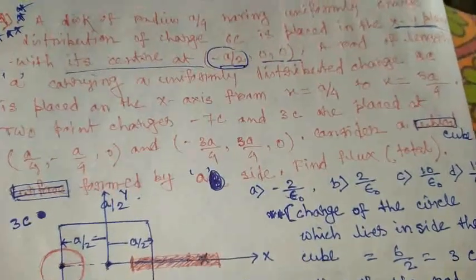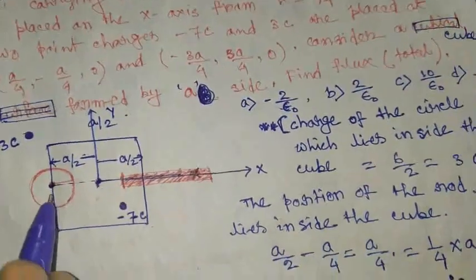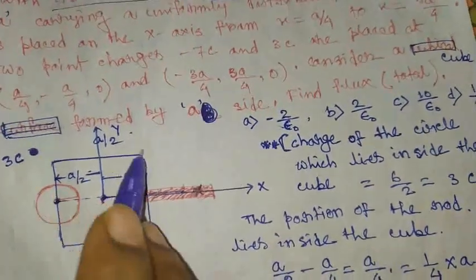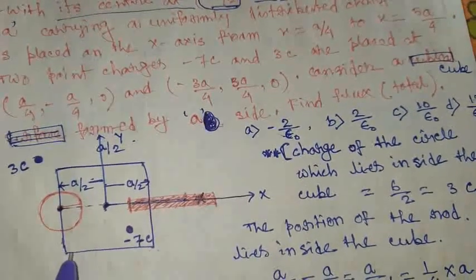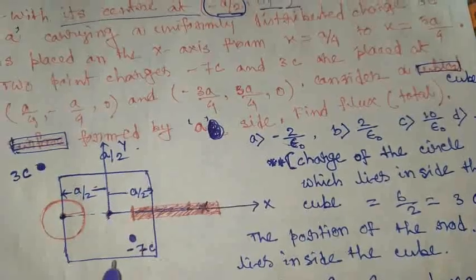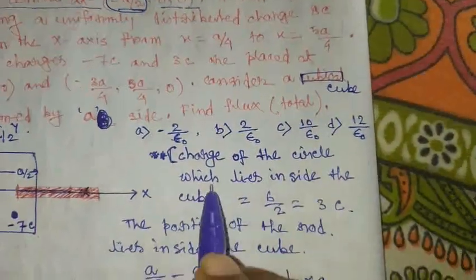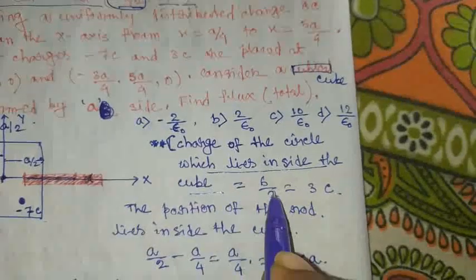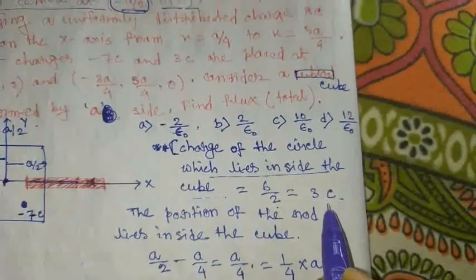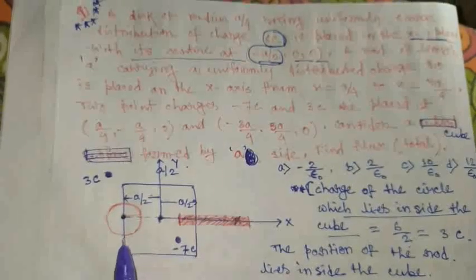With radius a by 4, half the portion of the disk lies outside the surface of the cube and half lies inside the cube, and the total charge on this disk is 6 coulomb. So the charge of the disk which lies inside the cube is 6 by 2, that is 3 coulomb, because the total charge is uniformly distributed.